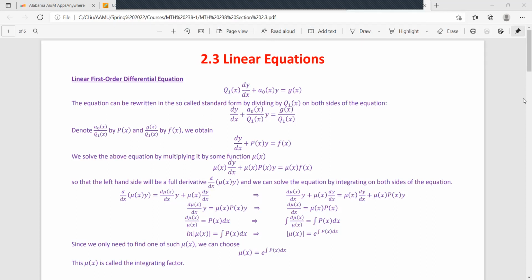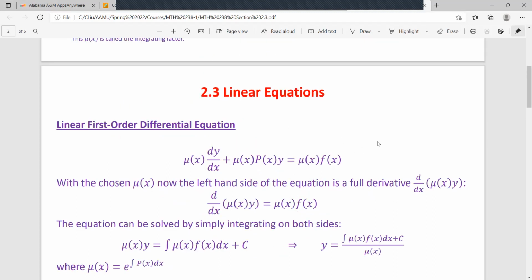Okay, so we have the integrating factor that will be e to the integral of p. Remember, p is the coefficient for the linear term y in the original differential equation.